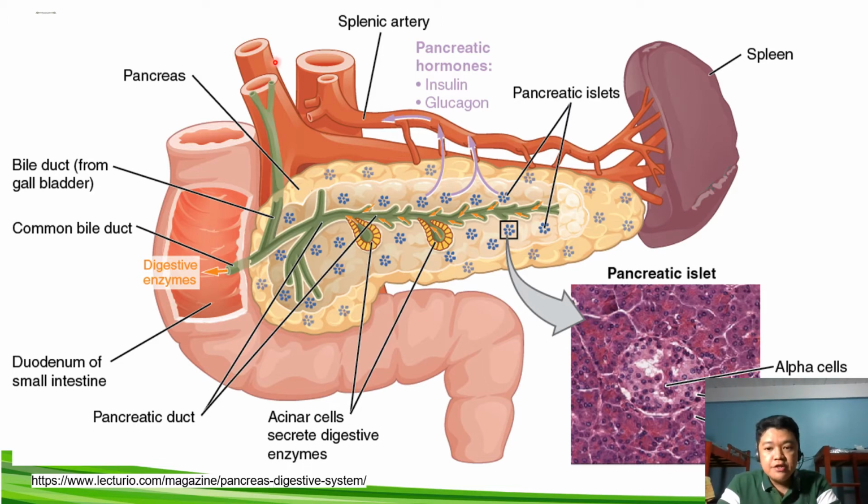So the secretion coming from the gallbladder, which is the bile, will travel down to the biliary system, the bile duct, and the bile will empty into the common bile duct towards the duodenum.